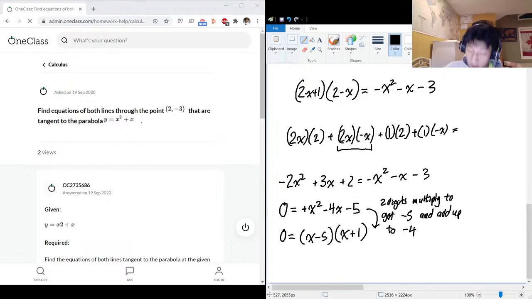That would be a combination of -5 and 1. Multiply them together, you get -5. -5 plus 1, that's -4. So these two are equivalent to each other, which means that our points of interest are x equals 5 and x equals -1.